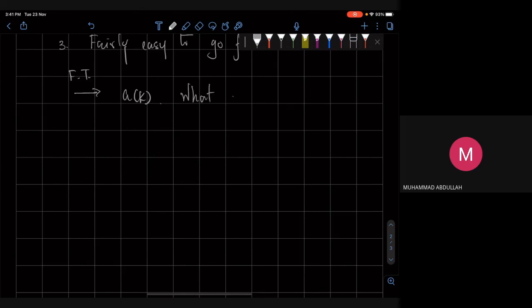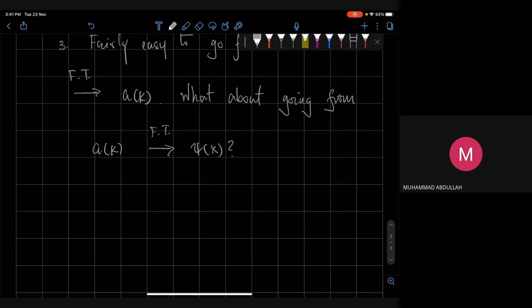What about going from a of k to psi of x using the Fourier transformation? That turns out to be a harder integral, and it's a good illustration of the kind of techniques that we have been learning in complex analysis.